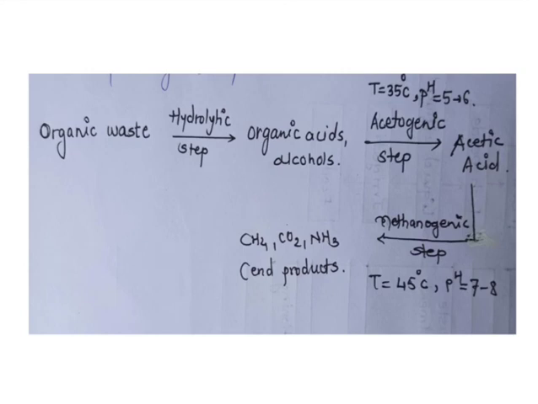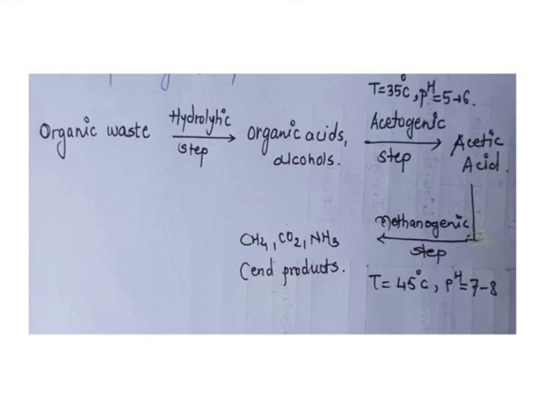The hydrolytic step converts organic waste into organic acids and alcohols. Then in the acetogenic step, the temperature is 35 degrees Celsius and pH is 5 to 6, and acetic acid is formed. After that is the methanogenic step, at a temperature of 45 degrees Celsius and pH around 7 to 8. The end products of the methanogenic step are CH4, CO2 and NH3.